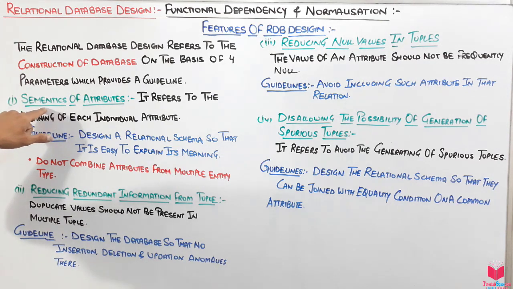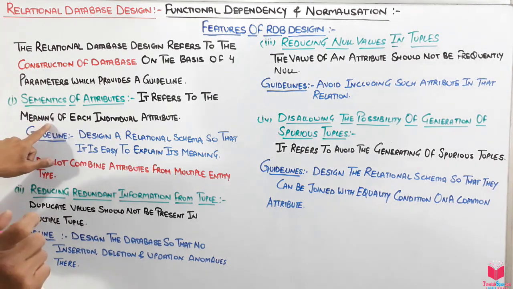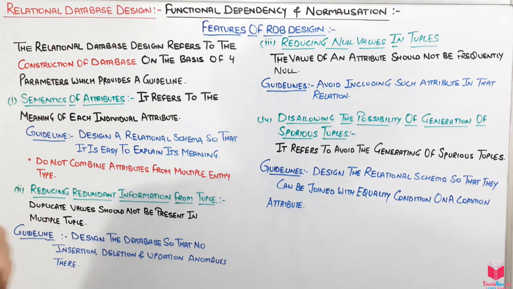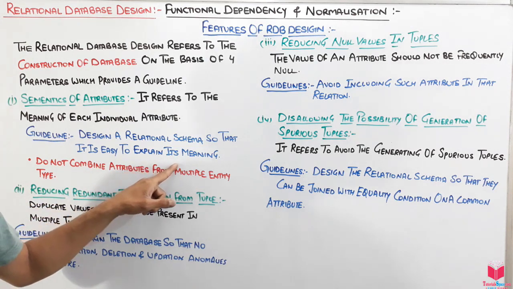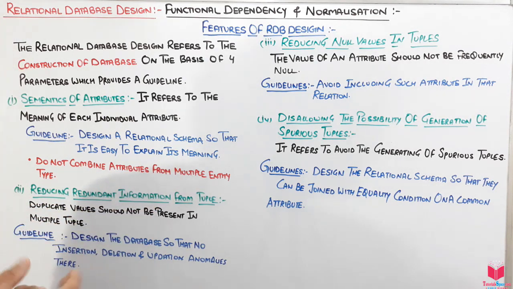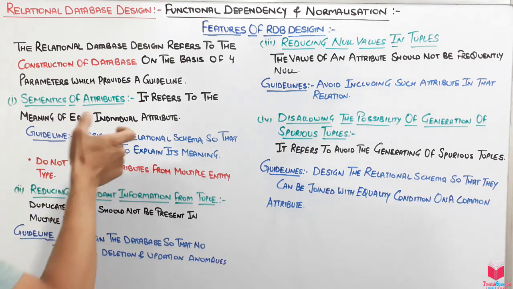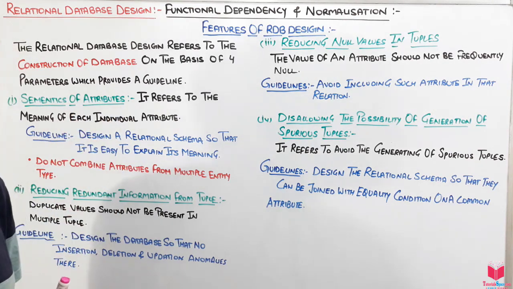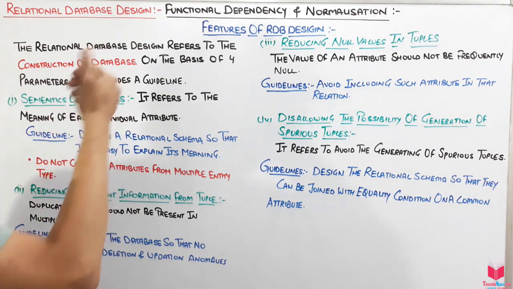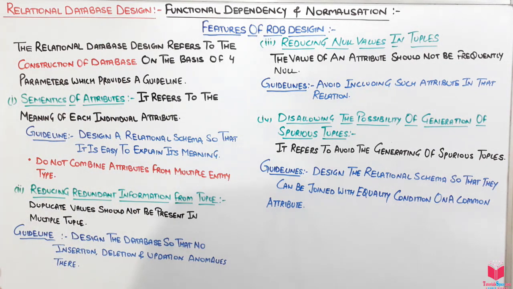We should create an attribute which gives a meaningful name. The guideline is to design a relational schema so that it is easy to explain its meaning. The attribute name should be meaningful, so that when a new user reads that column name, they can understand what that column is.